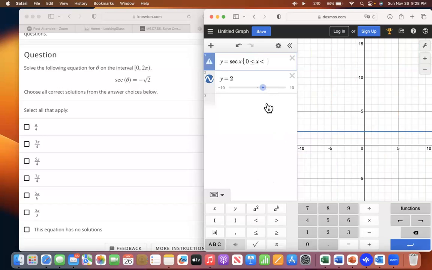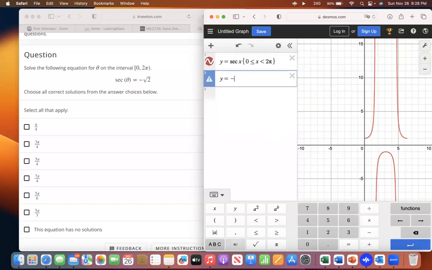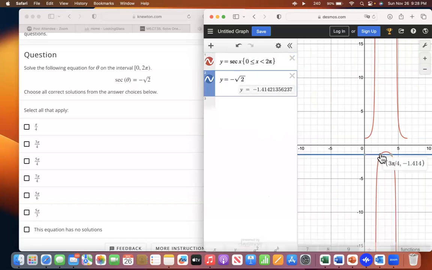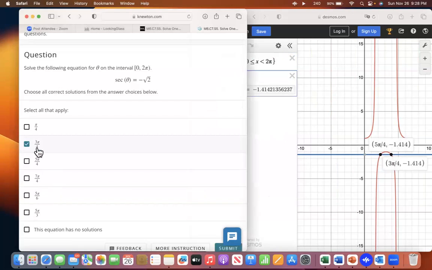So what that does is, and then now you type in y equals minus square root of 2. And then now you just have to find the two intersection points or however many there are, and those are your answers. You don't have to worry about whether you're missing them or not.